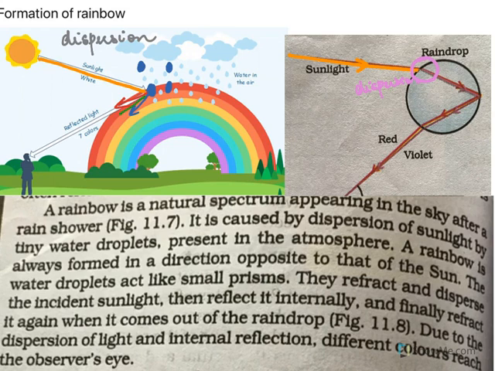Then the light continues and breaks up into these different colors. Here at this point there is reflection taking place, internally reflected, and once again the light then travels out and is dispersed.